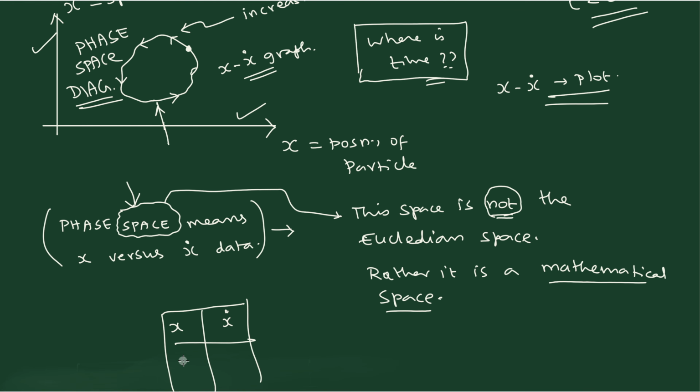So once you say it is a set of numbers, yes, it is there in mathematical space. If you want to visualize something, you take a few of them and then draw it on the Euclidean space. You have to draw it on a Euclidean space, and after that, that is what you are seeing. So the distinction between the Euclidean and the mathematical is very important for further discussions.